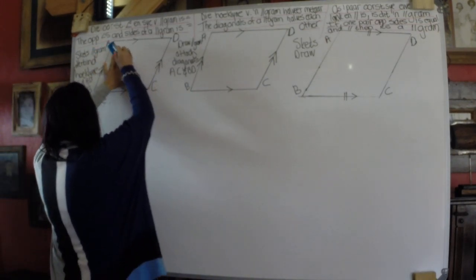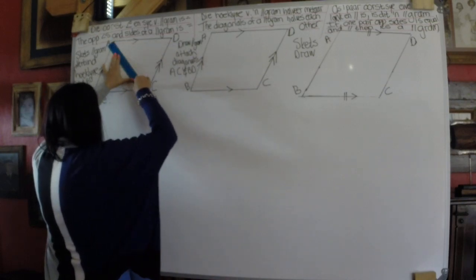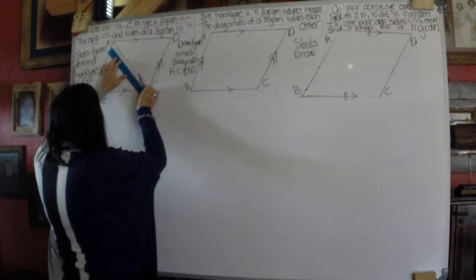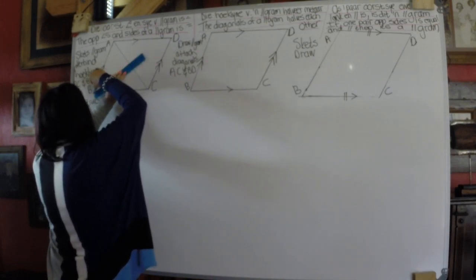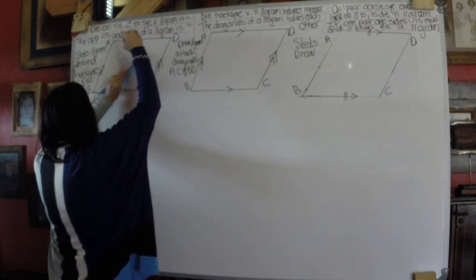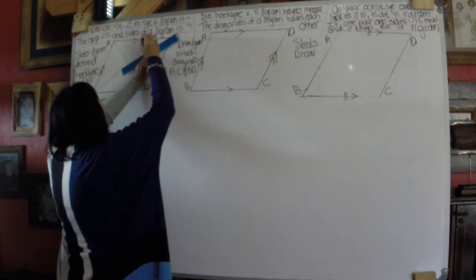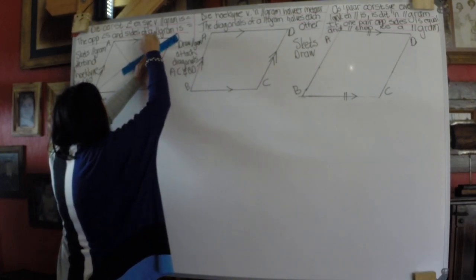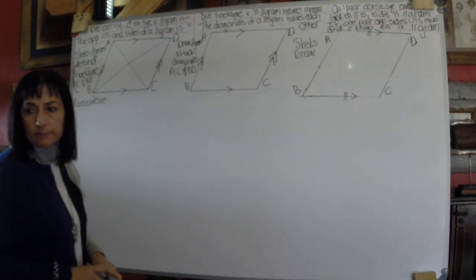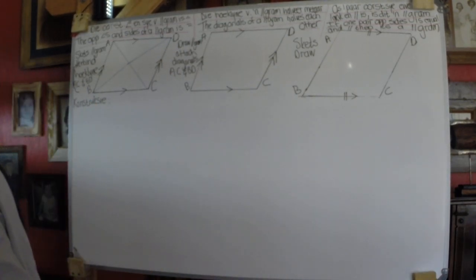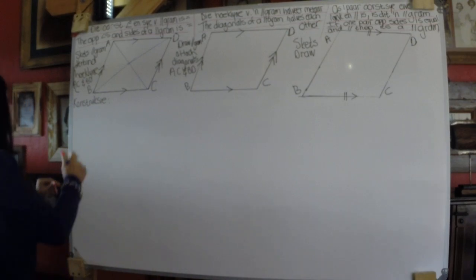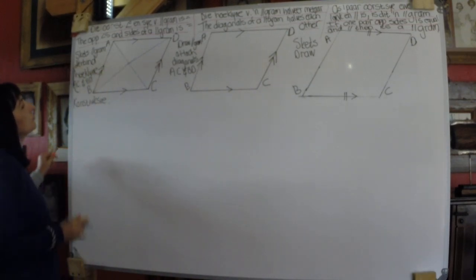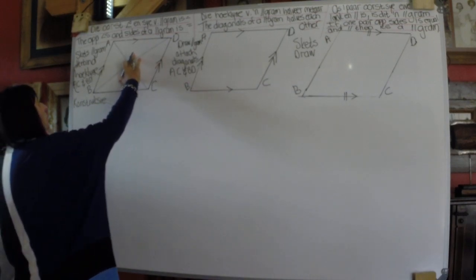Jy verbind AC en BD met mekaar op jou skets. Okay. So that you do in writing, and you do it physically on your sketch.